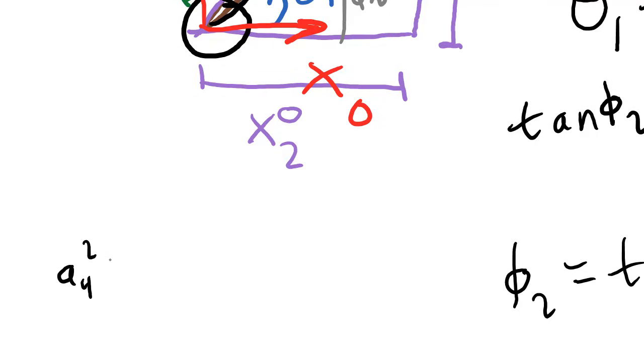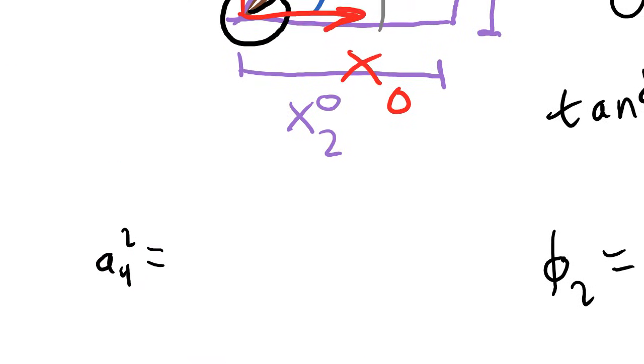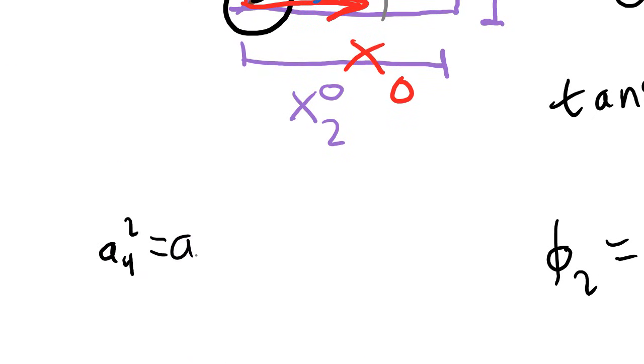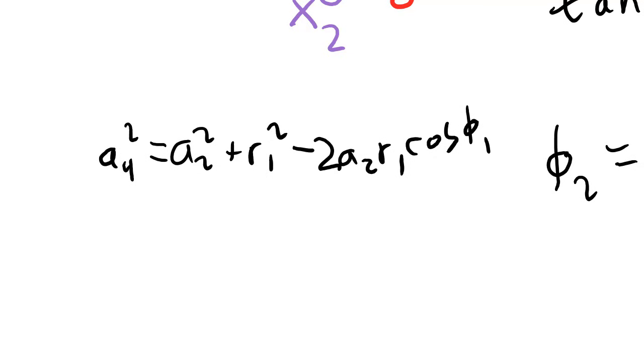We start with the side across from the angle we're looking for. Then we square both of the other two sides, which in this case is R1 and A2. Minus 2 times each of the other sides times the cosine of the angle that we're looking for, which is phi 1. Now I just have to solve this equation for phi 1.